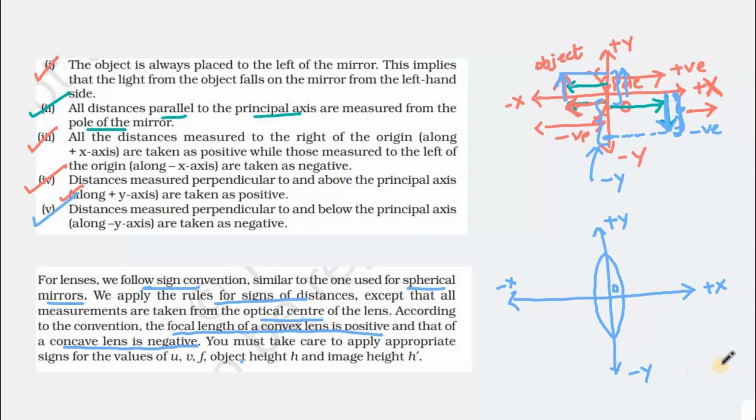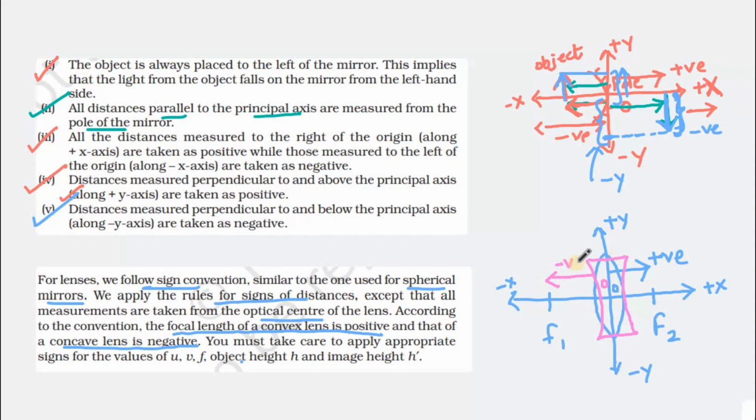So all other sign conventions remain the same, except that the focal length of this lens is over here, f2, and this one is f1. So the focal length of this convex lens is positive. If we take a concave lens like this, then the focal length of this concave lens is negative.